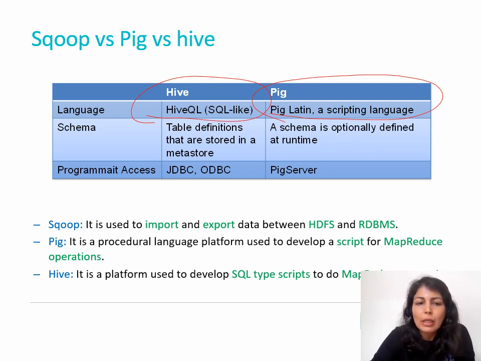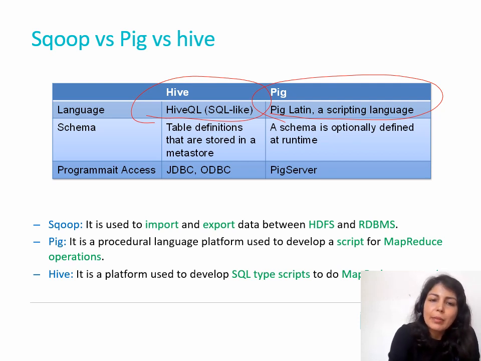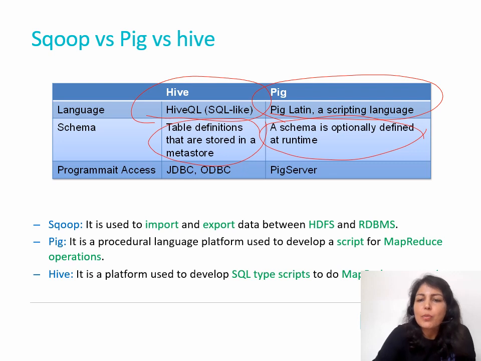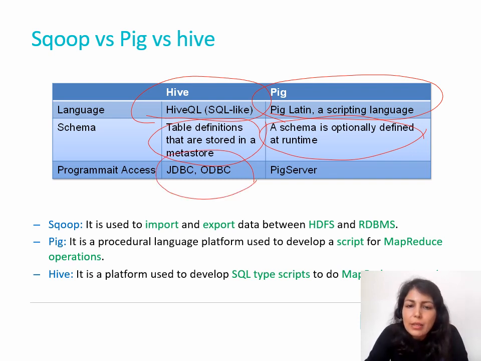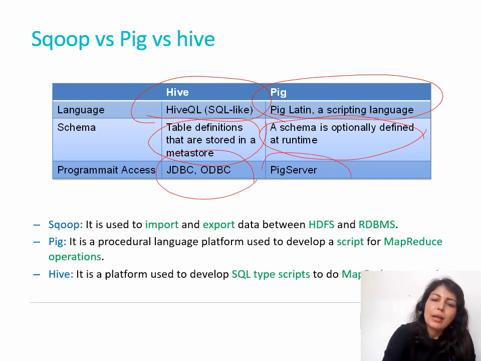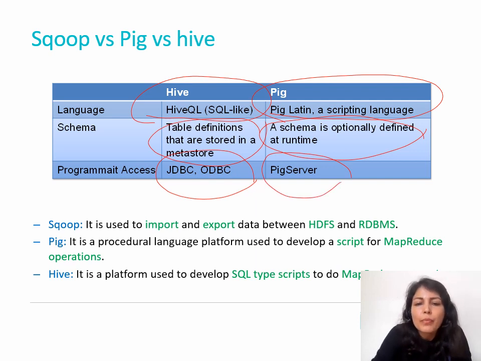In Hive, you can have a table definition, which is stored in the MetaStore, but in Pig you don't have a table. You can have a schema, which can optionally be defined at runtime. In terms of access, Hive uses JDBC and ODBC, but Pig has the Pig server. So these are the main differences.